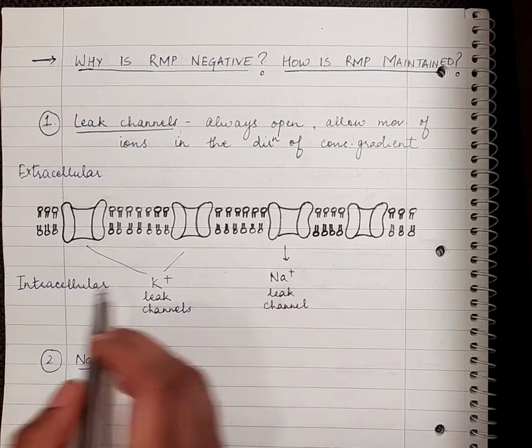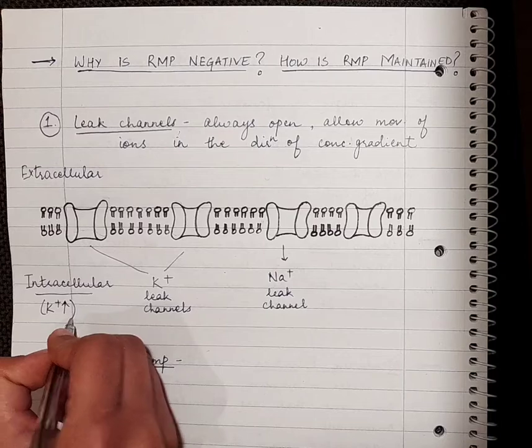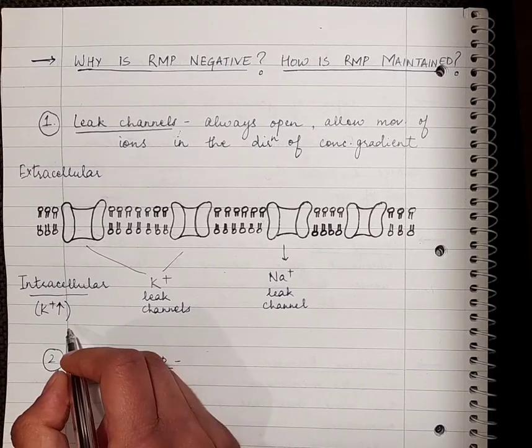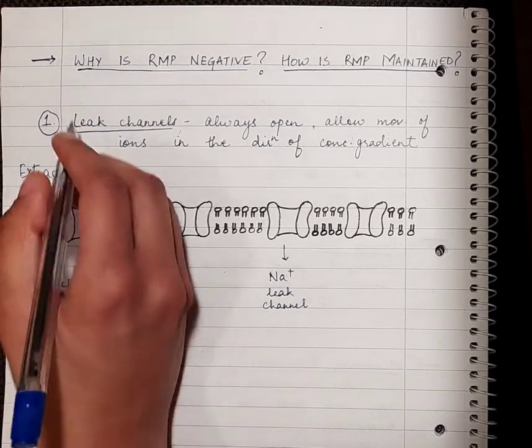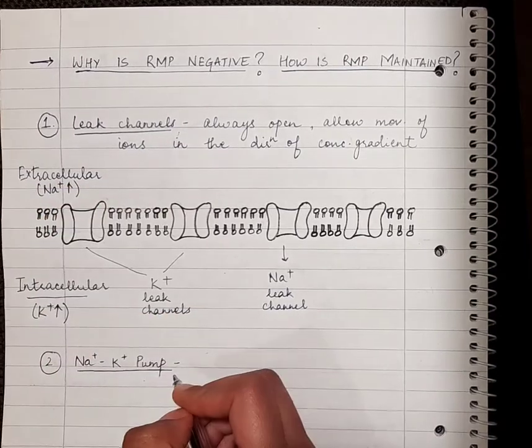Now we know that intracellularly potassium is higher, and outside the cell sodium is higher, right?